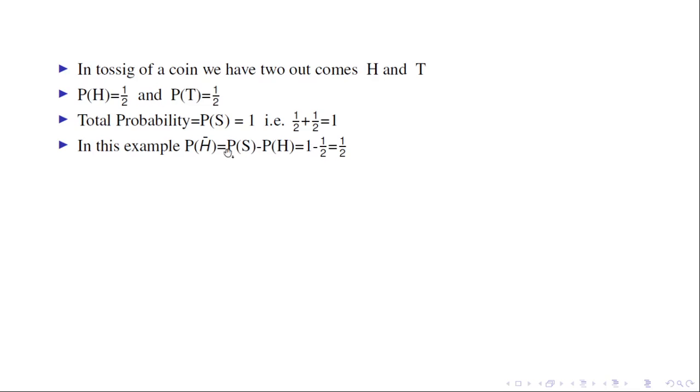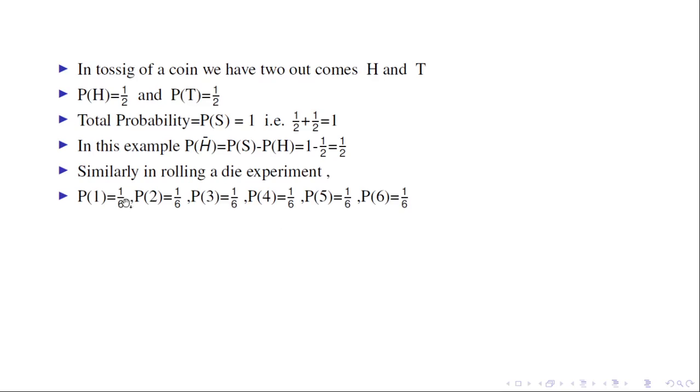We can write this probability of H bar as total probability minus probability of getting head, that is nothing but 1 by 2. Similarly, in the rolling a die experiment, the probabilities of getting 1, 2, 3, 4, 5, 6 are the same, that is 1 by 6. There are a total of 6 possibilities, and 1 is favorable.